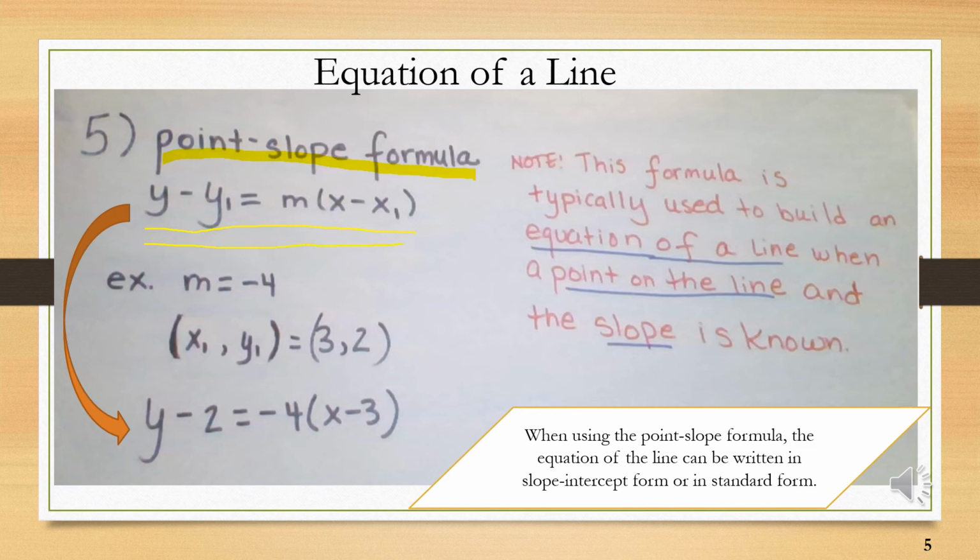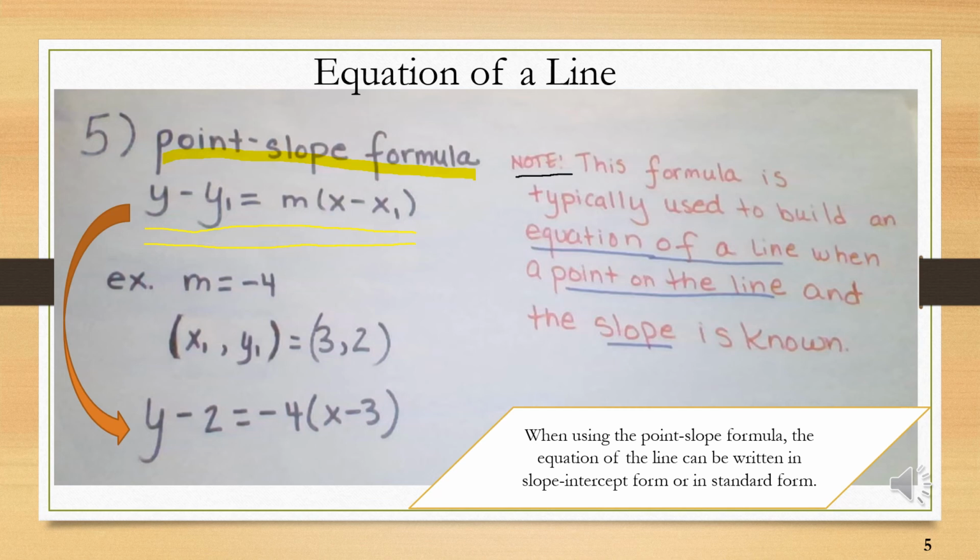It's just a simplified ratio. This point-slope formula is typically used to build an equation to answer find the equation of a line when you have a point on the line and you know the slope.